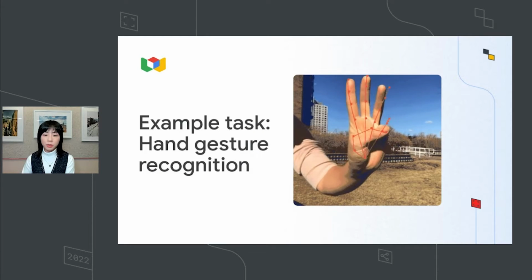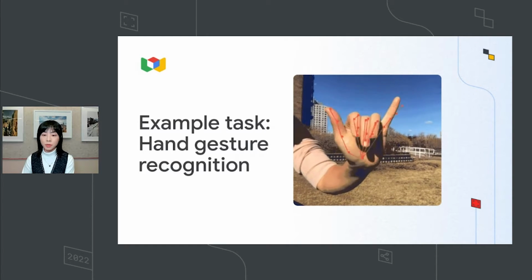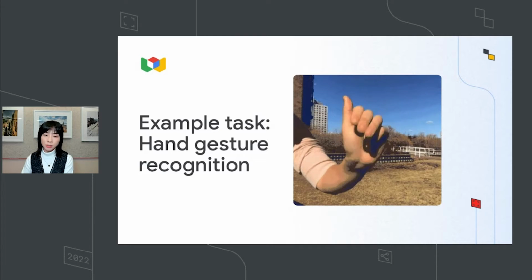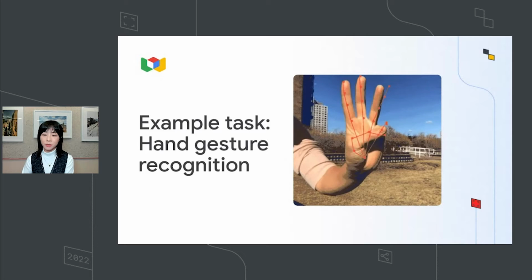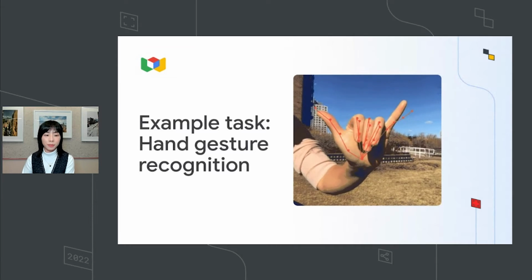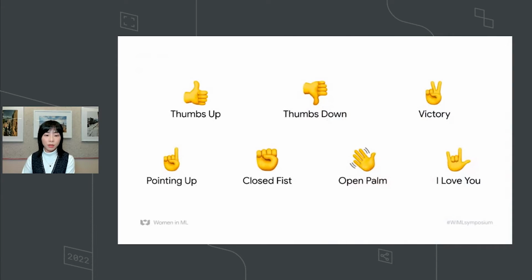Next, let me show you an end-to-end workflow of using MediaPipe for hand gesture recognition task, so that you see how easy it is to create custom on-device ML solutions using MediaPipe. All of our tasks come with a pre-trained model that you can use right away.